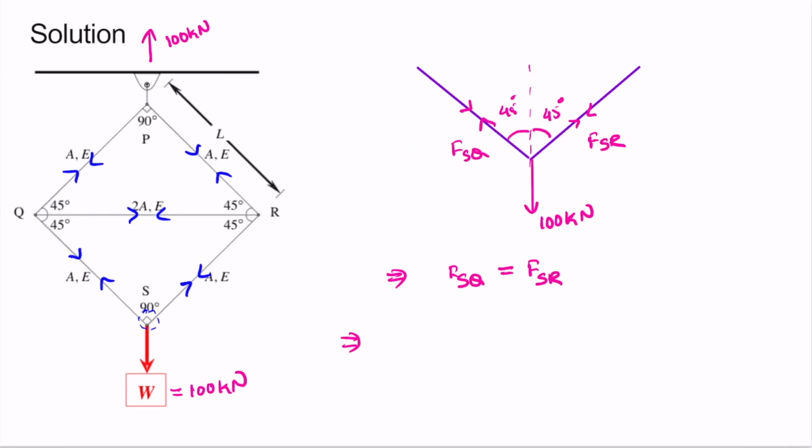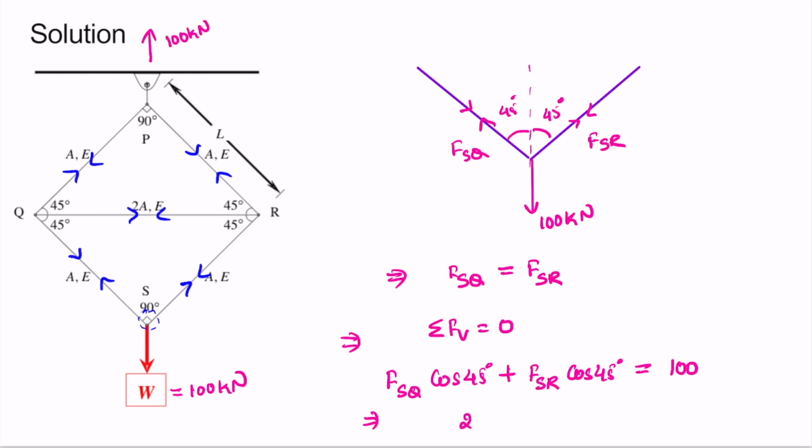Now we can satisfy the vertical equilibrium here. So summation of force in vertical direction is 0. So we can write that FSQ cos 45 degree plus FSR cos 45 degree is equal to 100 kilonewton. Since FSQ is equal to FSR, we can also write 2 times FSR cos 45 degree is equal to 100 kilonewton.